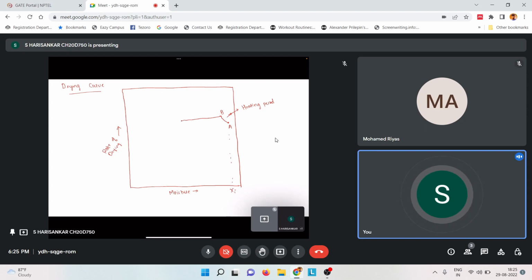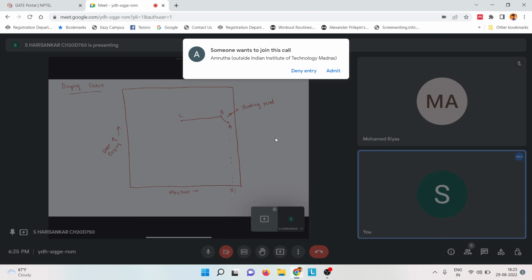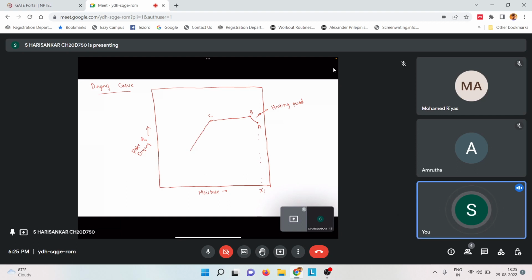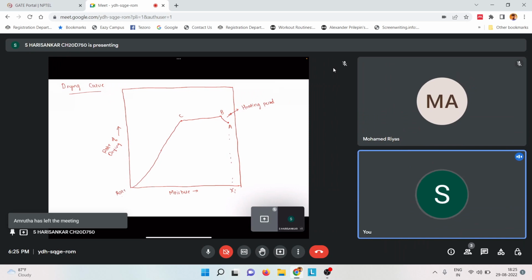And let's say it reaches a point C. Then it will start sloping down. The slope is usually straight in the beginning, and then it will start curving a bit. And finally, it will reach a point where the rate is 0.